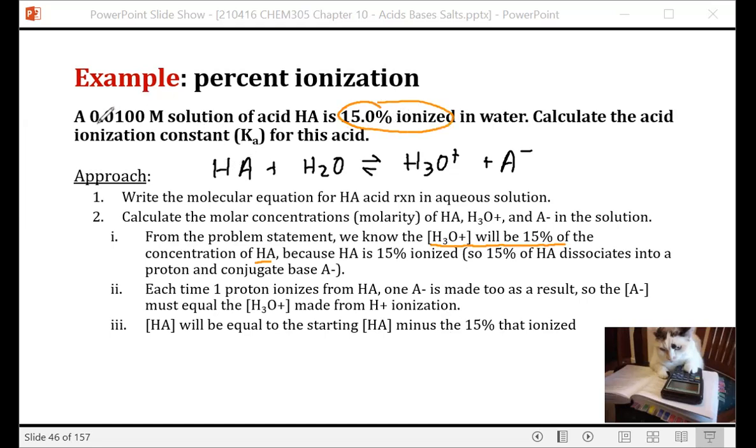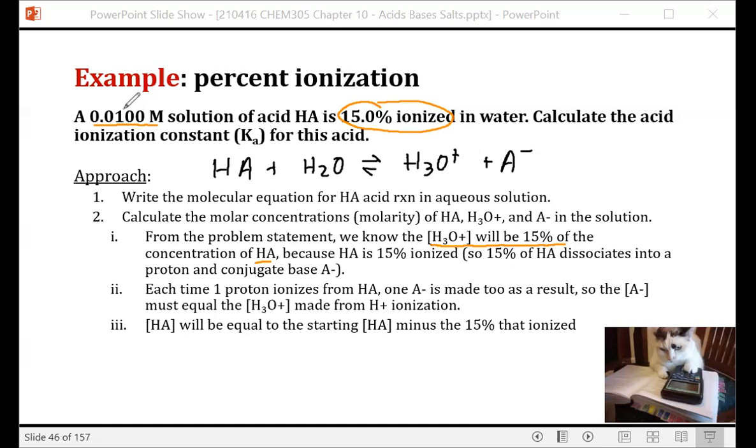So if HA is 0.0100 molar, that means H3O plus is going to be 15% of that. It means that A minus is also going to be 15% of that because each time HA ionizes to form H plus and A minus, the H plus forms 1 mole of H3O plus, and it forms 1 mole of A minus. So the concentrations of H3O plus and A minus are going to be equal.